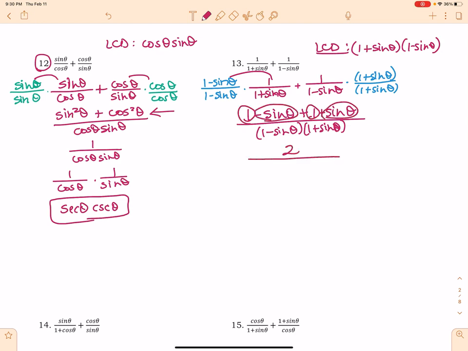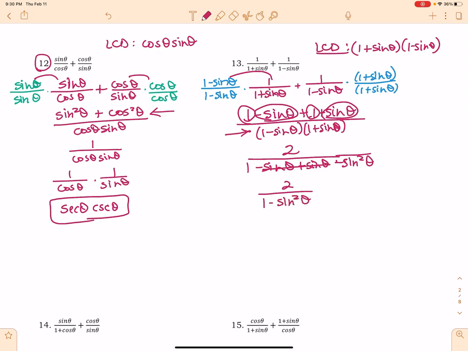So in my denominator now, I am going to FOIL this. So I get 1 minus sine theta plus sine theta minus sine squared theta. So combine like terms again, those add to 0.